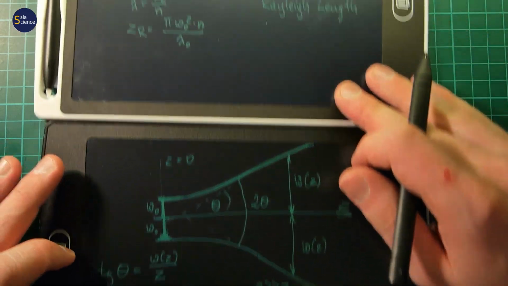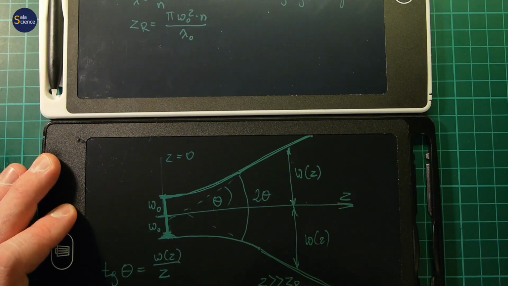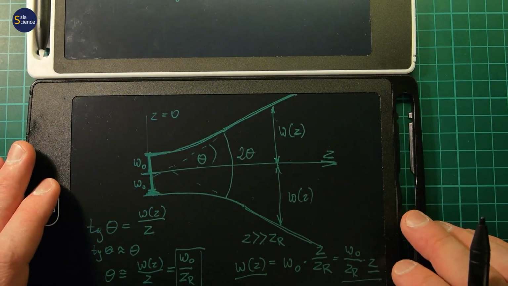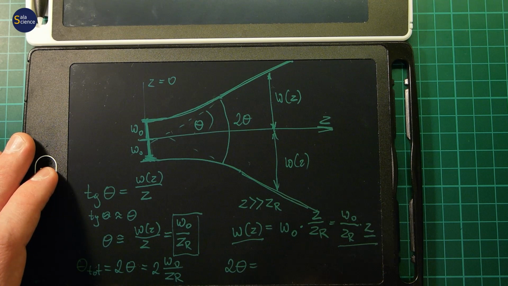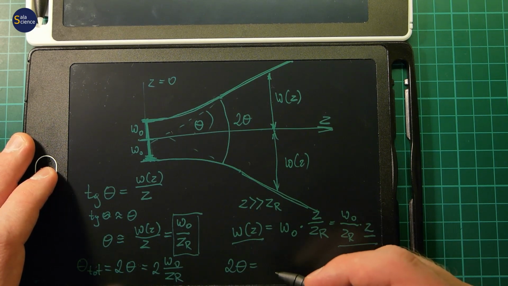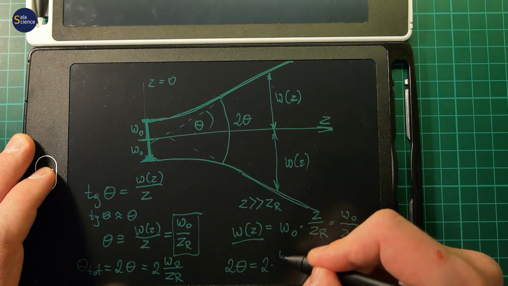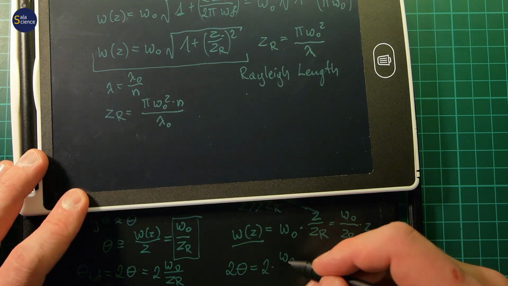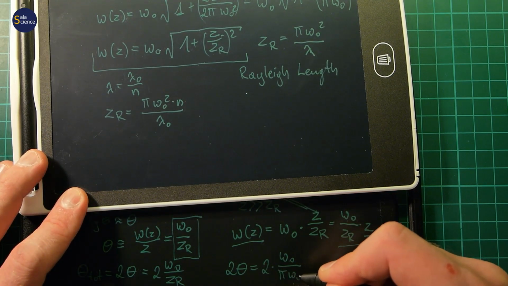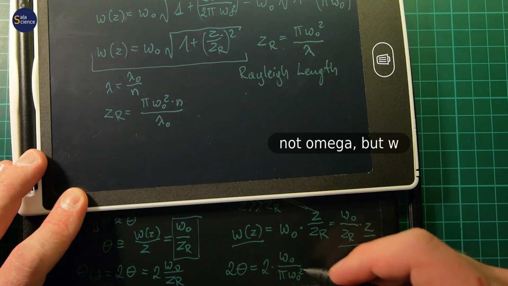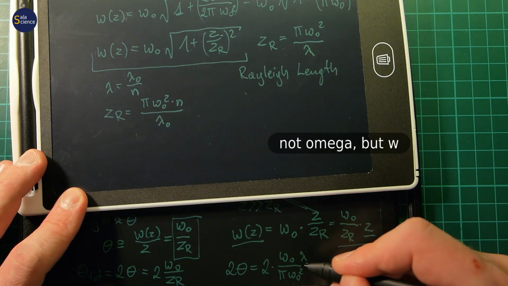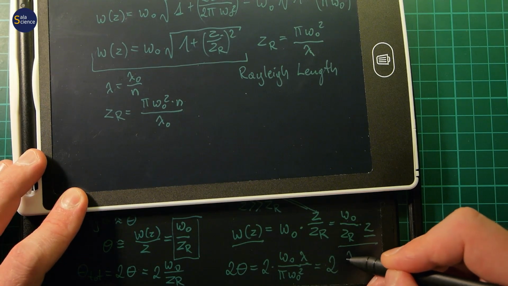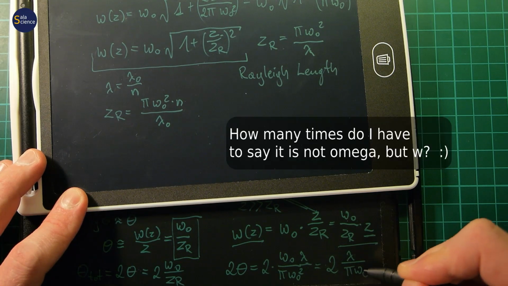So using this relation, we can write that 2 times theta, the full angle of diffraction, is sometimes called the angular spread. So 2 theta equals 2 times W0, and here we have the Rayleigh length, pi omega naught squared over lambda, so this is times lambda, so it equals 2 lambda over pi omega naught.